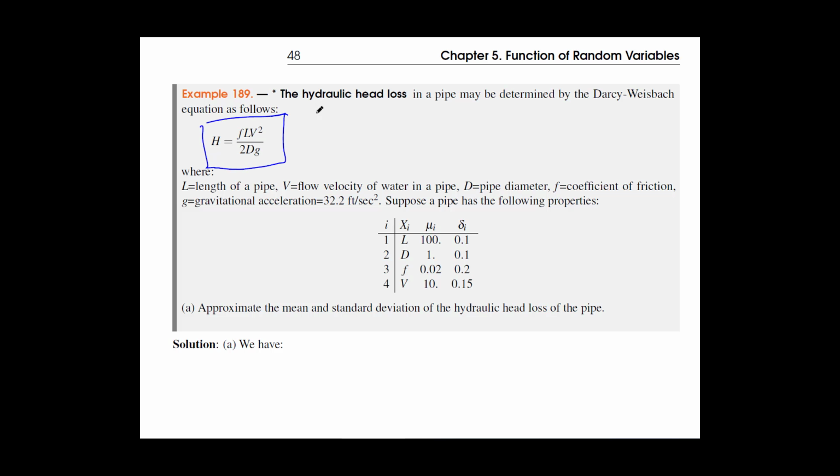H is the hydraulic loss, and it's a function of all these: the pipe length, flow velocity, etc. For all these random variables, we have their means and coefficients of variation. So the mean of V is 10 and the coefficient of variation is 15%. The question is to approximate the mean and variance, just knowing this.